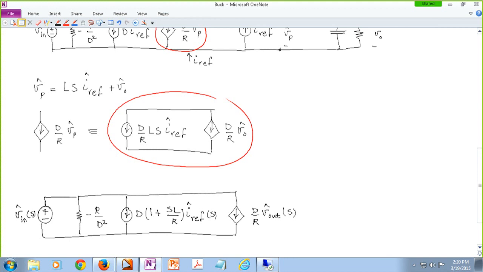Okay, so this is on the left-hand side, and on the right-hand side, nothing has changed, basically.